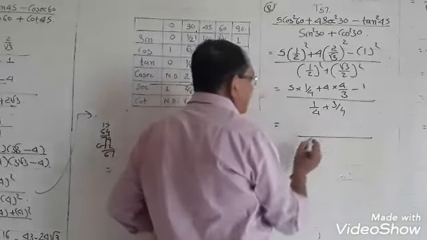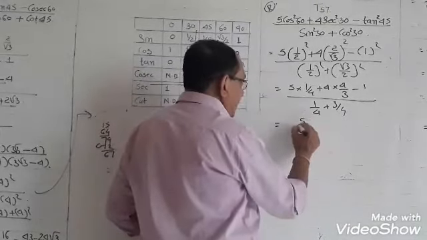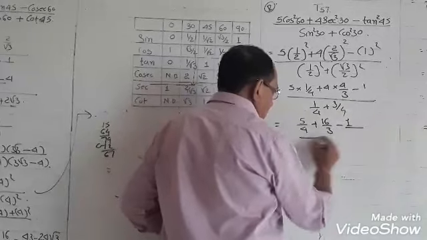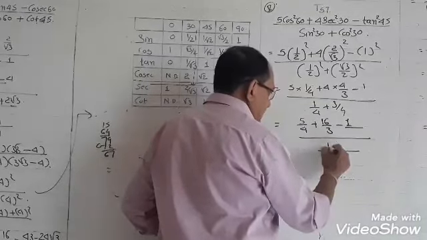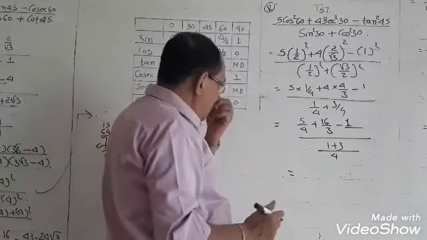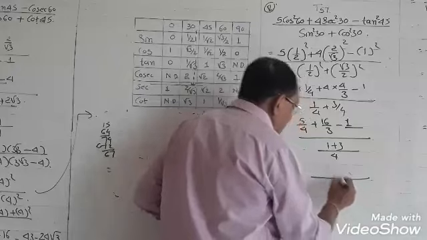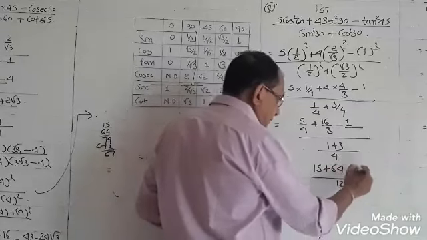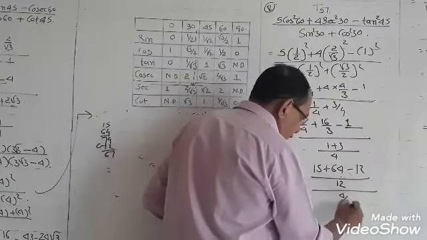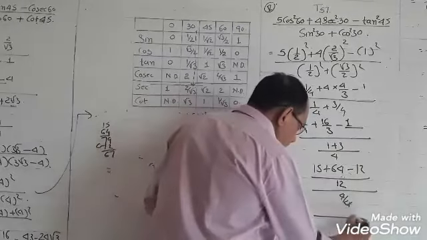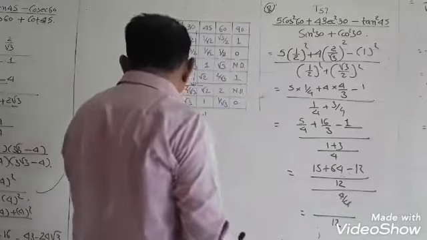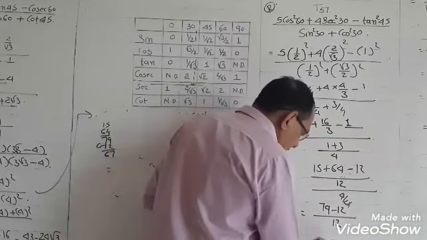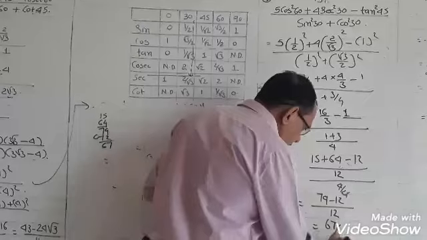In the numerator, 5 upon 4 plus 16 upon 3 minus 1, whole upon 4 upon 4. 12 is your LCM. 5 threes are 15, 4 sixteens are 64, minus 12. 15 plus 64 is 79 minus 12. So 79 minus 12 is equal to 67 upon 12.